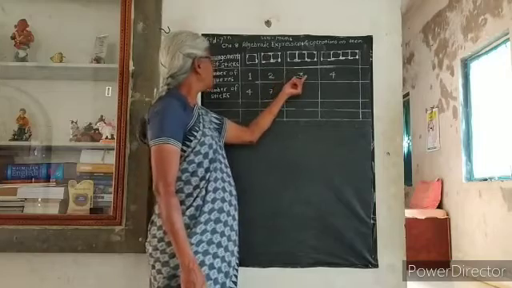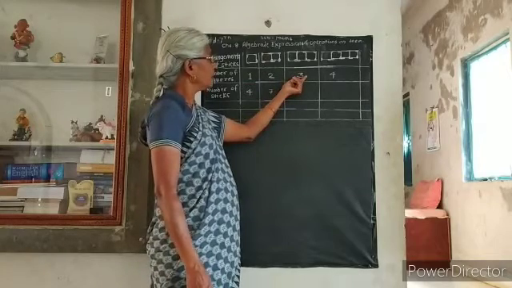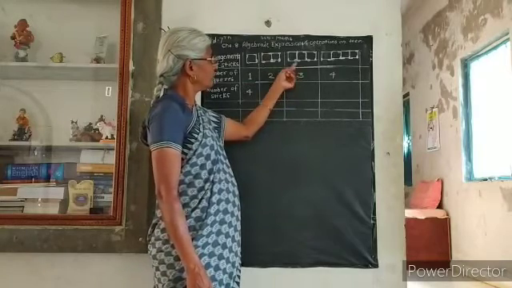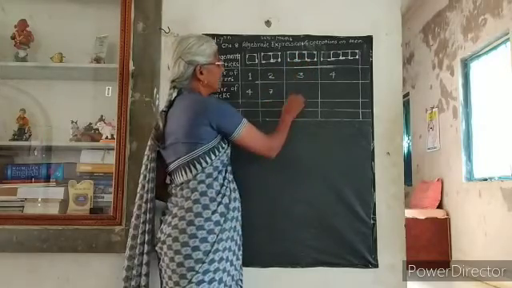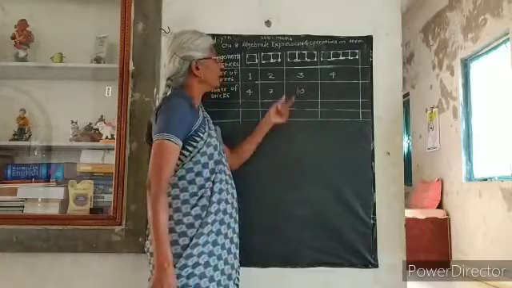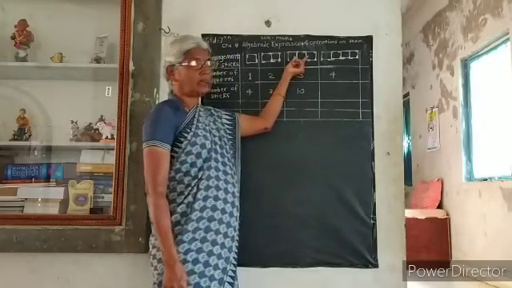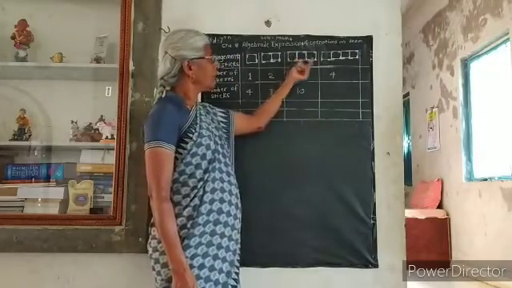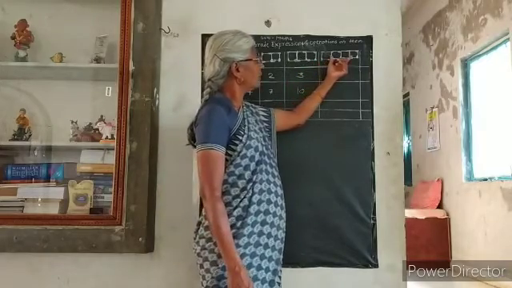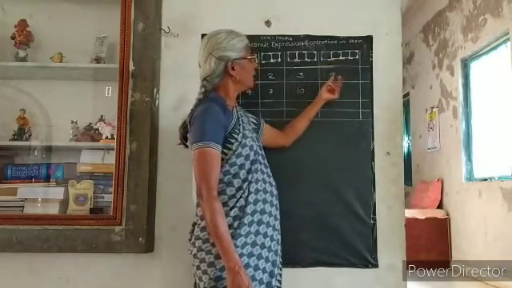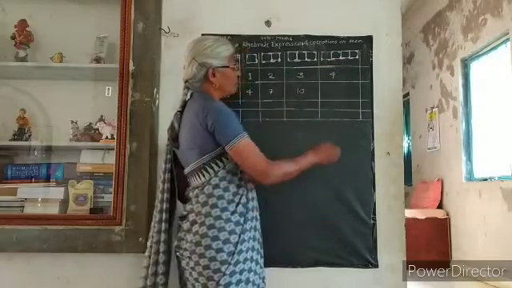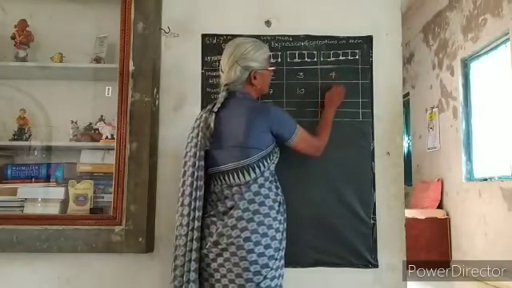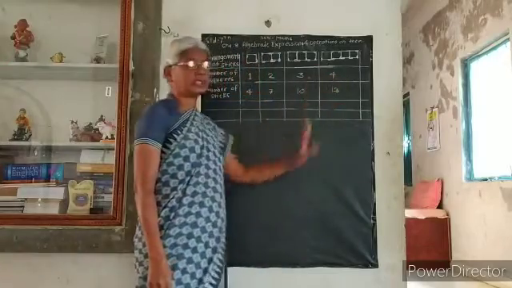When the number of squares is 3, how many sticks are required? 4, 5, 6, 7, 8, 9, 10, because 2 sticks are common in that arrangement. Then how many sticks are required for 4 squares? That is 13. You can count it.